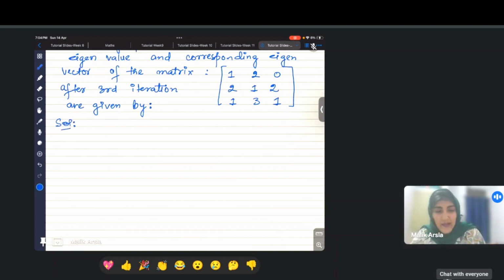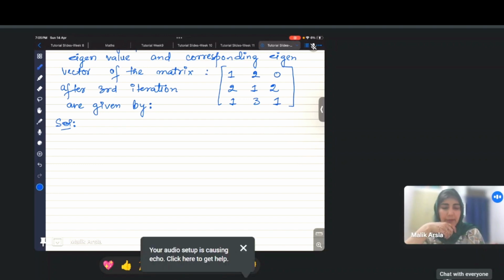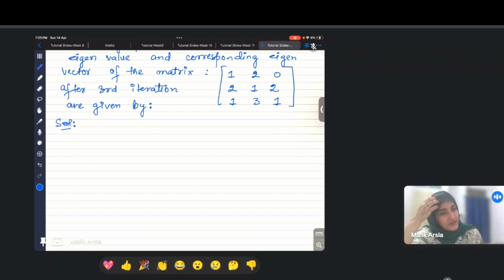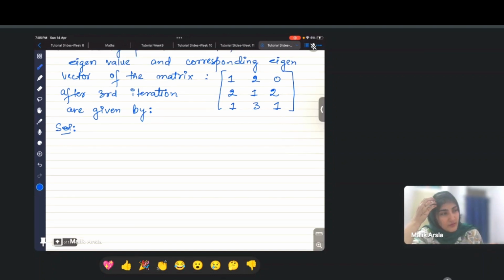So have you done this question? If you cannot unmute, you can put it in the chat box also. In the assignment, the entries are 1, 2, 0, minus 2, 1, 2.